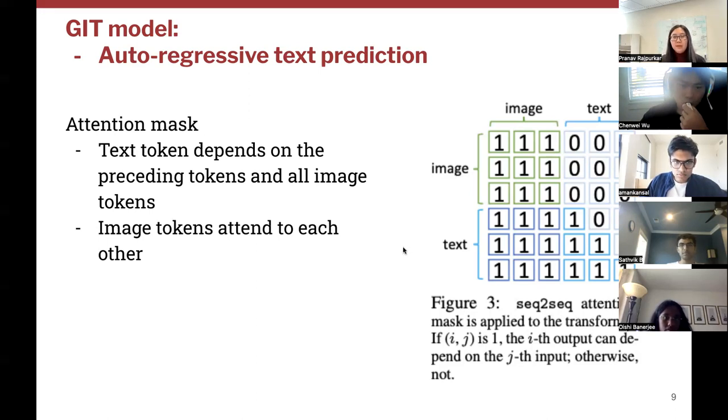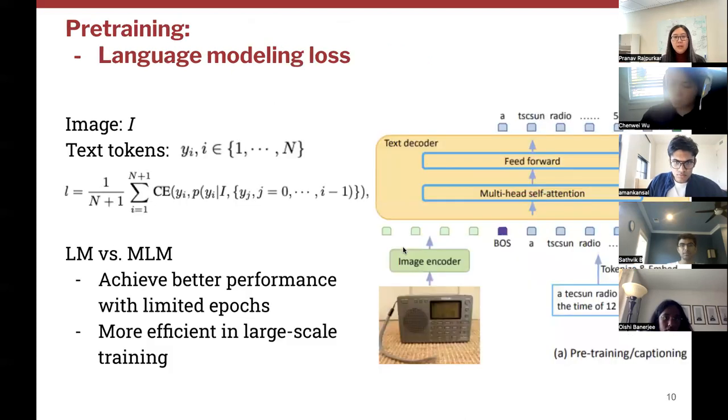With this self-attention mask as the input to the text decoder, we can predict the text or language as our output. For the pre-training task, also as a self-supervised learning objective, the target is to compare the predicted text tokens with the ground truth. That is the language modeling loss.